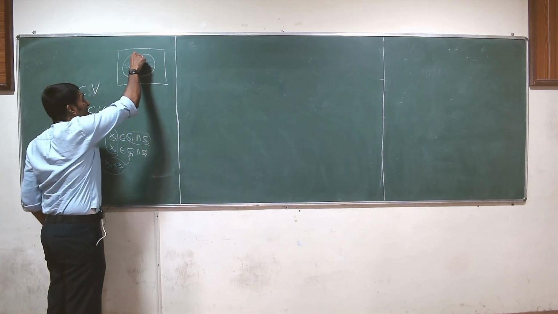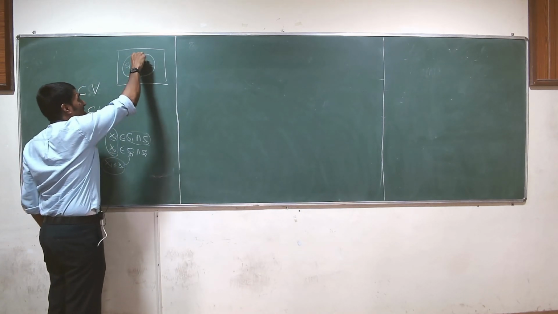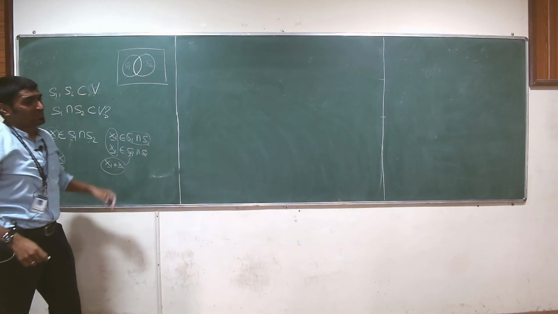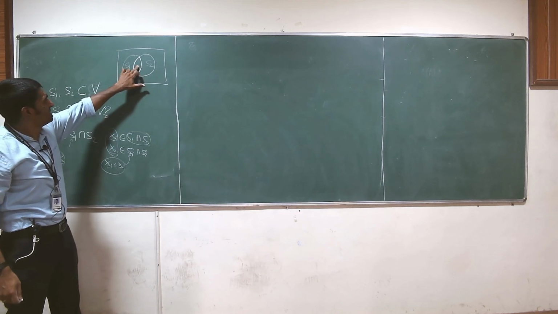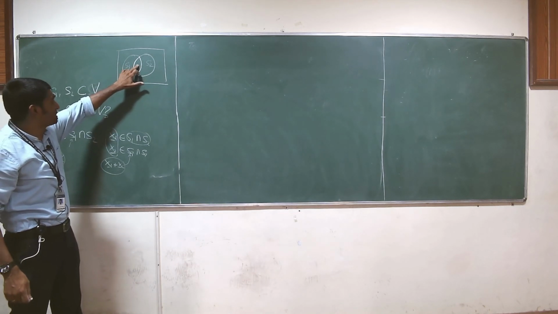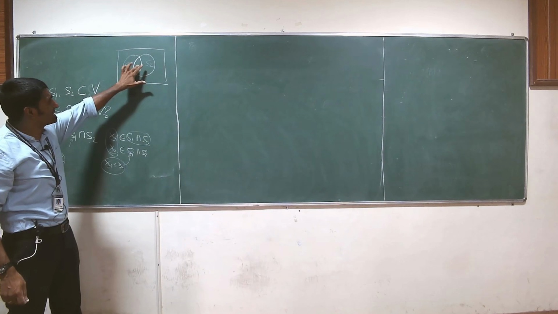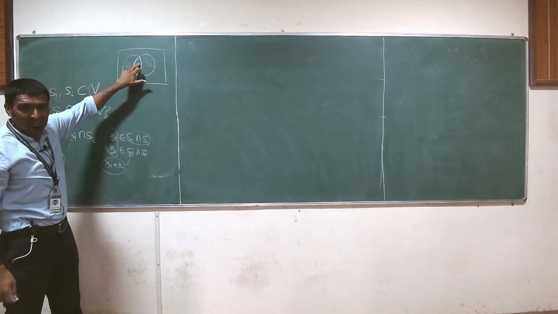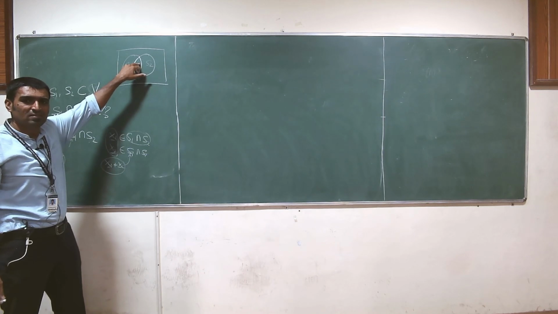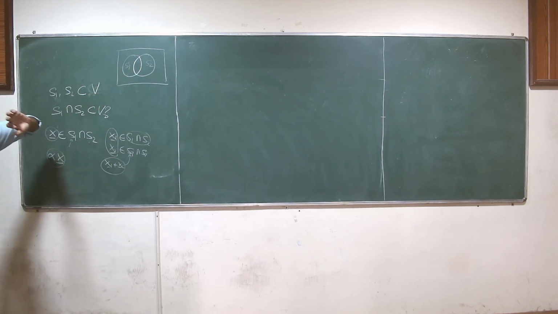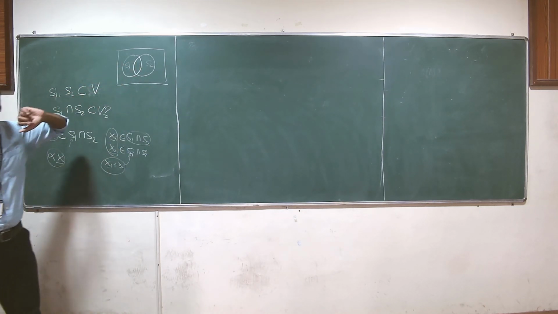If I take an element from here, that belongs to S1 and S2. That means the scalar multiplication has to be in here, and the vector addition also has to be in here, since S1 and S2 are subspaces.